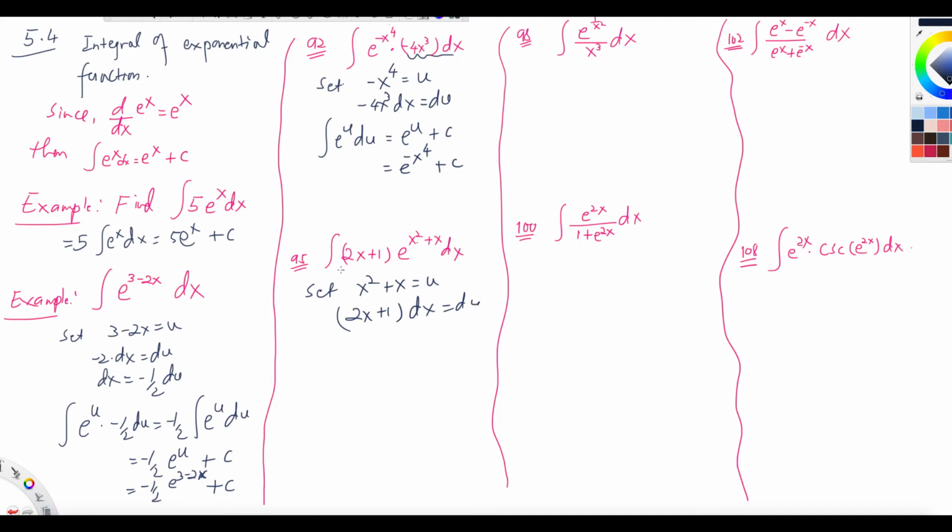So this thing is basically this, and that is du. Now this will be e to the u du, so it will be e to the u plus c. That will become e to the x squared plus x plus c. That's how you write.